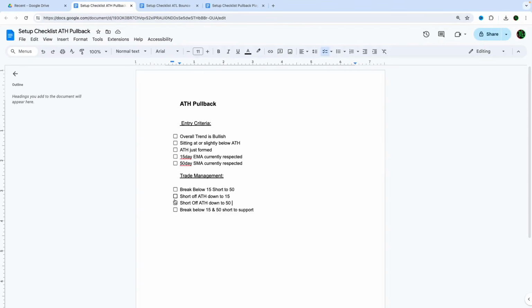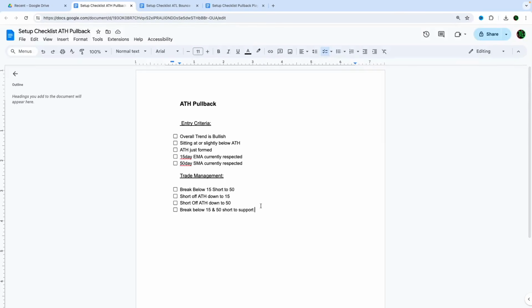So it will be one of these boxes will be checked, right? So out of these 4 ways to manage the ATH pullback, you're going to choose one of these 4 ways, and that will be based off of what the chart actually looks like, okay, where that stock is sitting, and what moving averages are being respected or not.